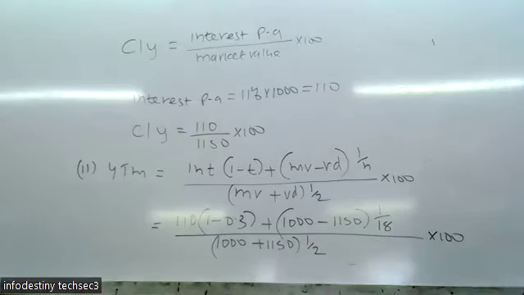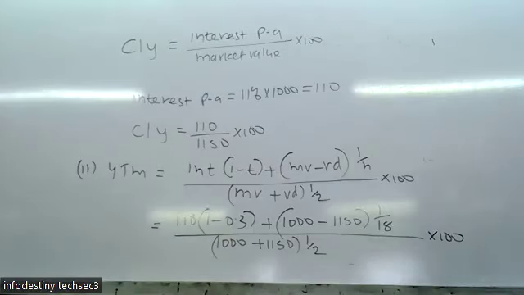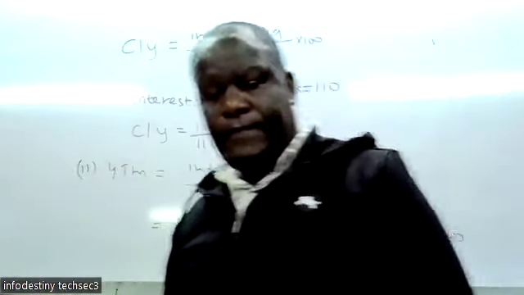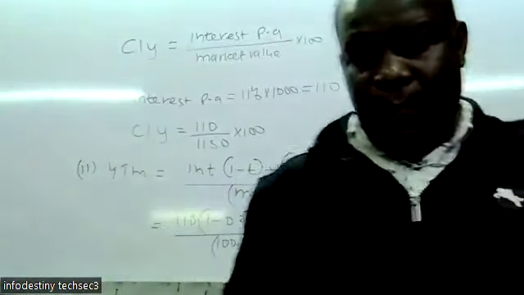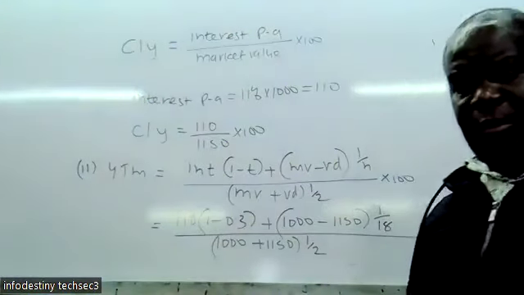You express it as a percentage. Others are getting which figure? So that is now our yield to maturity.